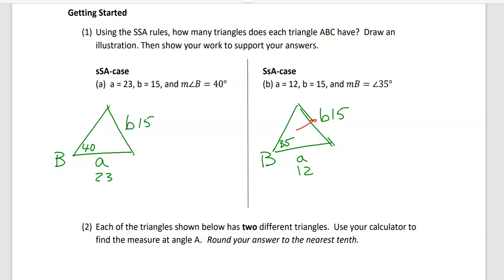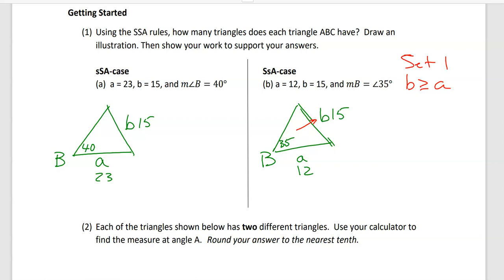As one of the comments I made, we're looking at whether the side opposite the angle is longer than the other side. So in this case we're looking for: is B greater than or equal to A? If the answer is yes, then we have one triangle.